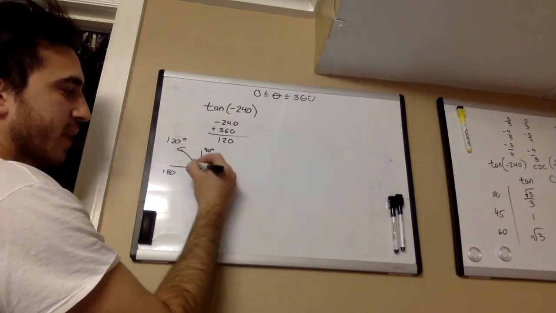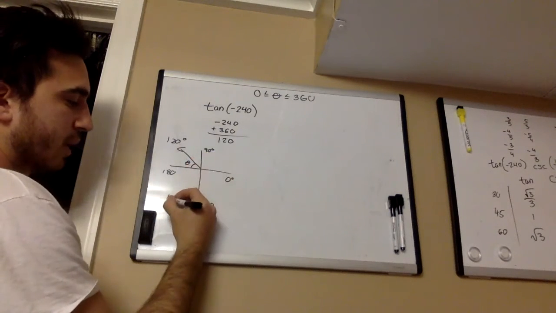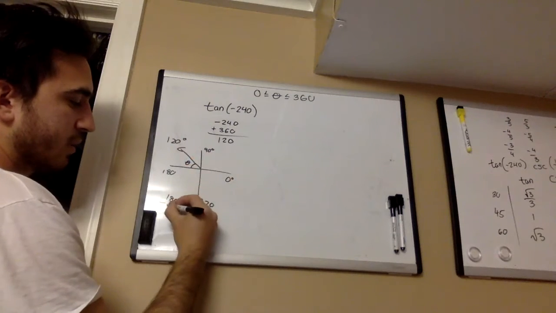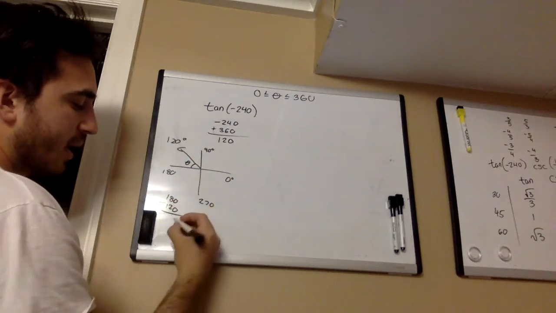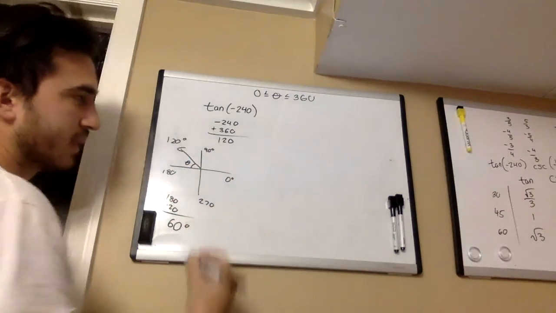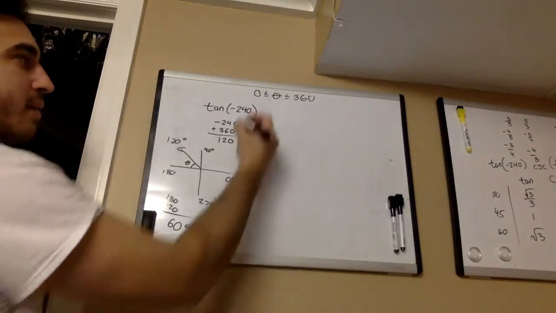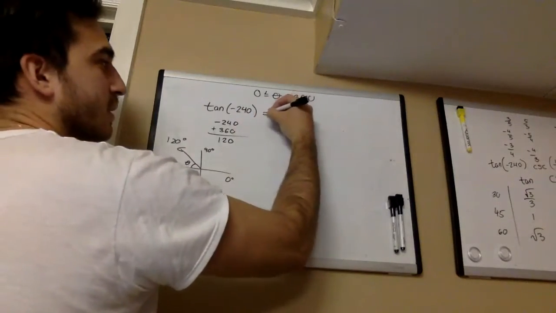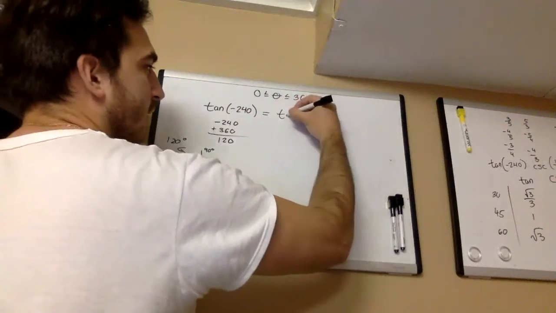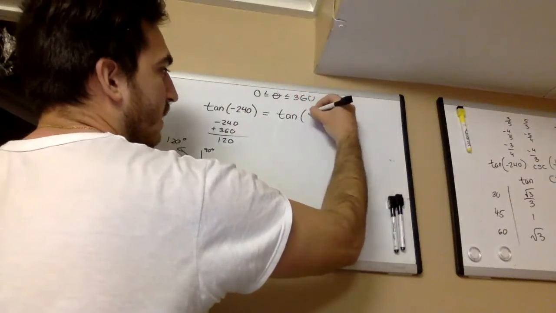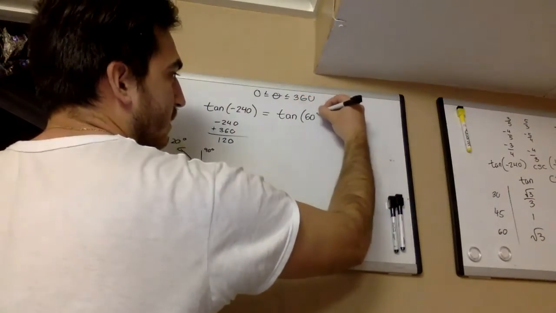So I'm trying to find this angle right here. I do 180 minus 120, and I end up getting 60 degrees.